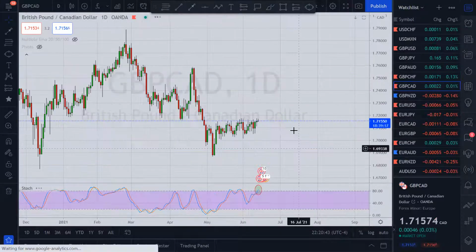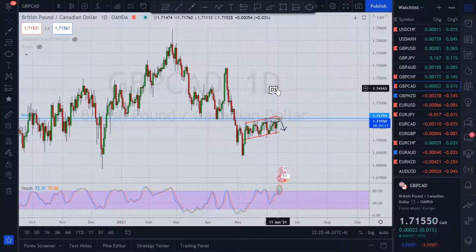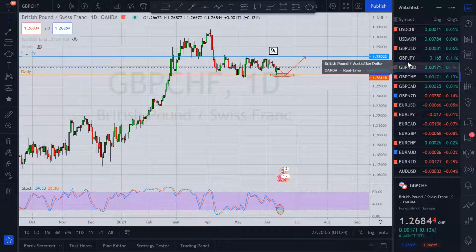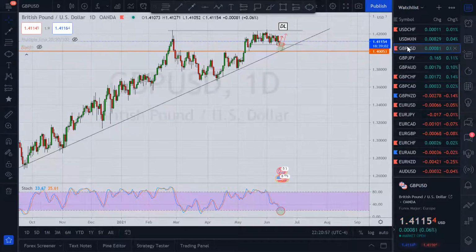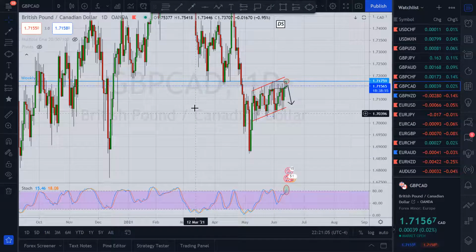Next, pound CAD. Pound CAD is a funky one because we're looking for shorts on the daily. Why are we looking for shorts, but we were looking for longs on the pound Swiss and the pound USD? Well, pound CAD is in a different kind of situation. Why?